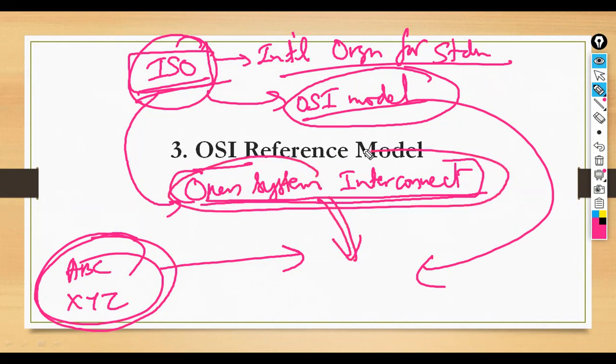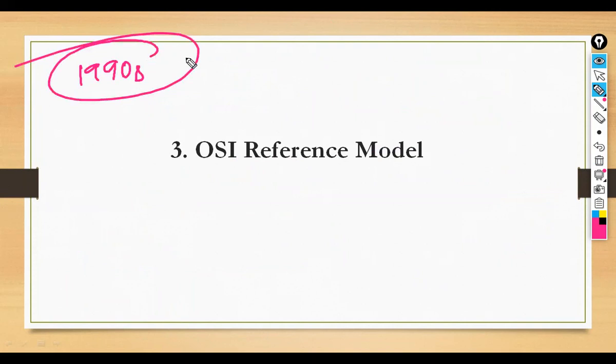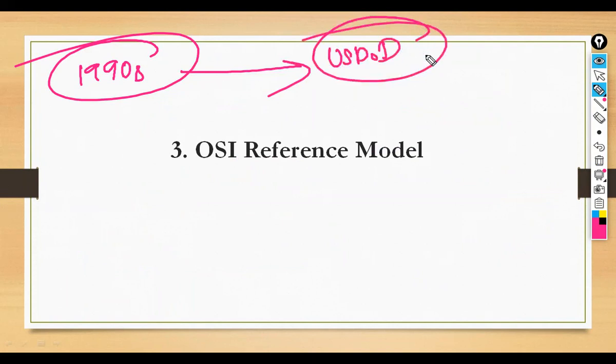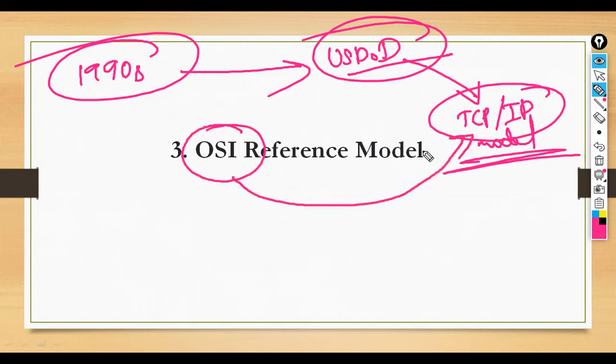Now, by the 1990s, another twist came. Let me tell you. By the 1990s, the US Department of Defense developed another model called the TCP/IP model. Then all the computer manufacturers started migrating from the OSI model to the TCP/IP model.